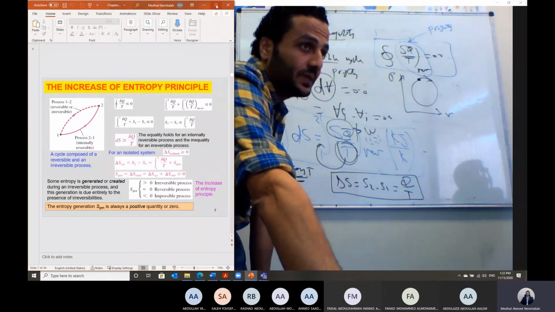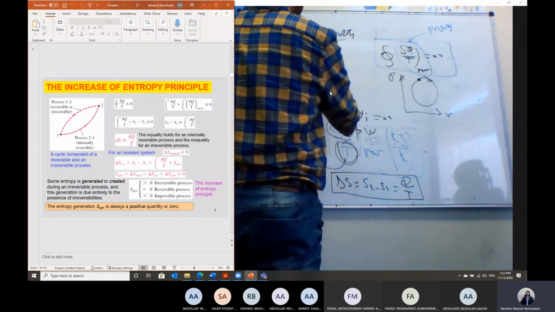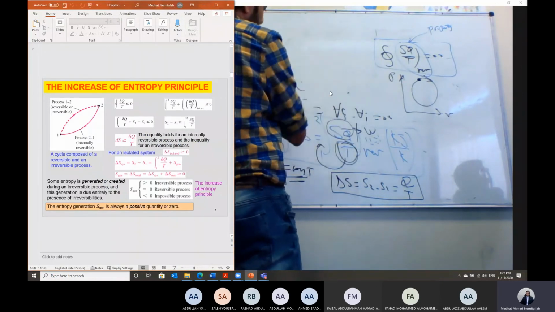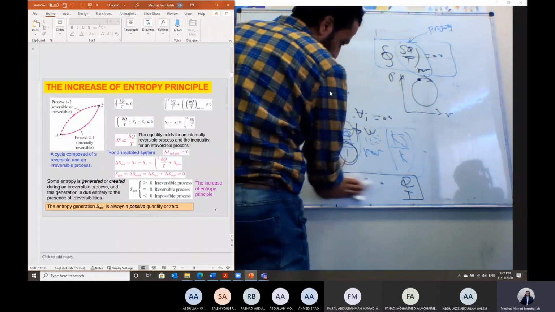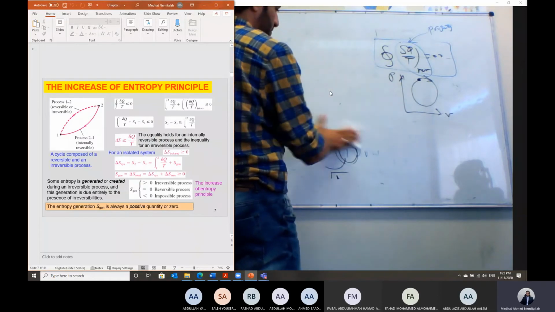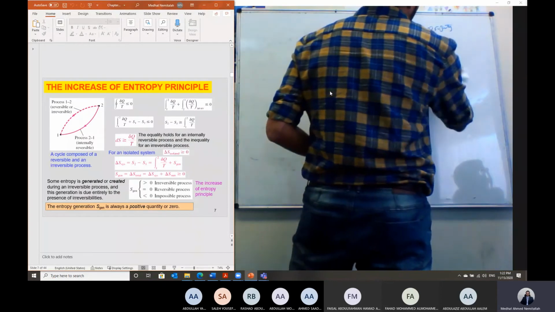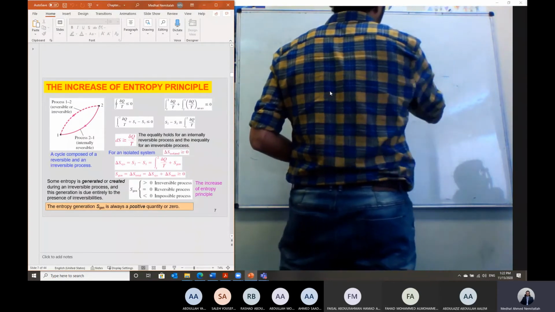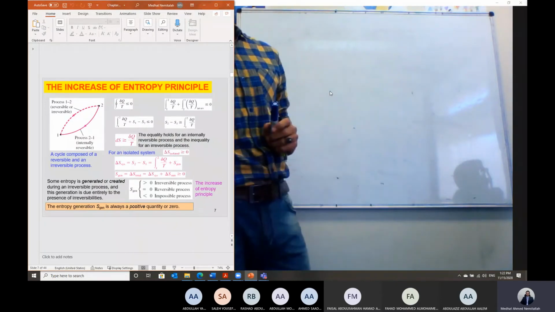Let's consider a system undergoing a cycle. This cycle is just of two processes. One process is a reversible process, and we close this cycle with another process, which is an irreversible process in this case. Let's see how we can calculate delta S and how the term entropy generation will appear.